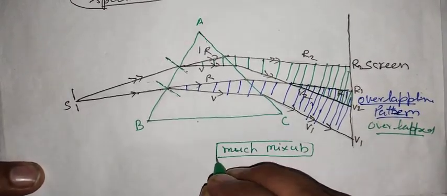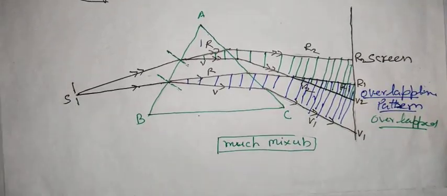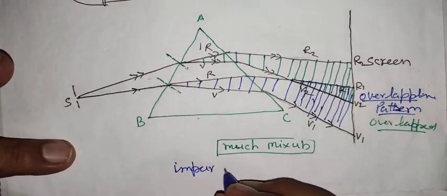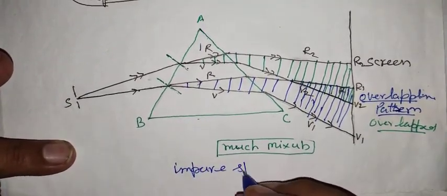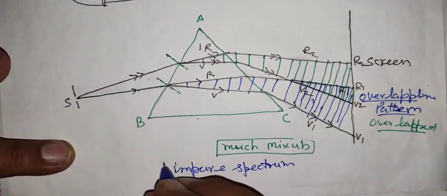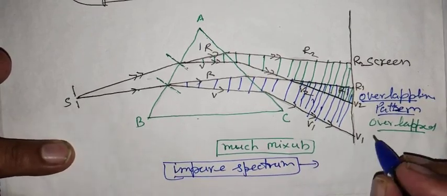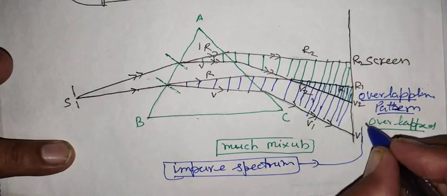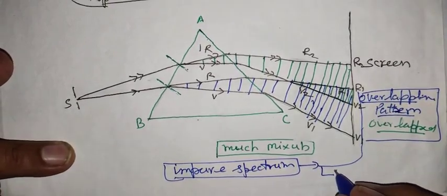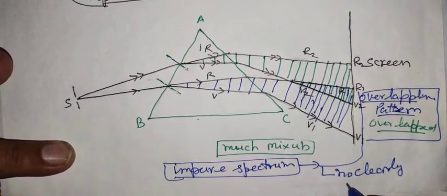This much mixed up color pattern is called impure spectrum. In the impure spectrum, we can see that color patterns are overlapped, not clearly visible.